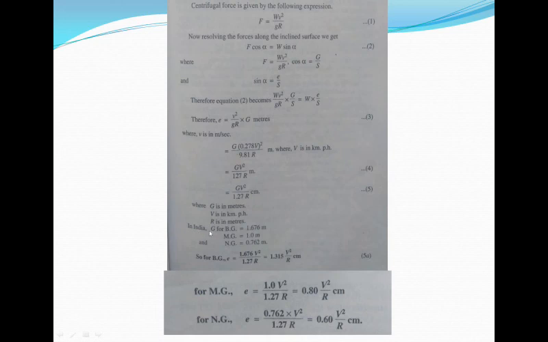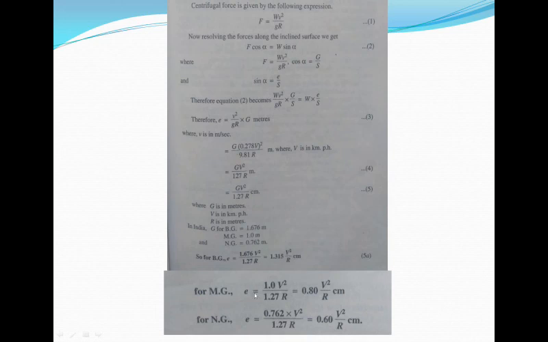And in India, the gauge length of a broad gauge track is 1.676 meters, and meter gauge is 1 meter, and narrow gauge is 0.762 meters. So for a broad gauge track, superelevation E is equal to 1.676 V square divided by 1.27 R, that is equal to 1.315 V square divided by R centimeters for a broad gauge track.